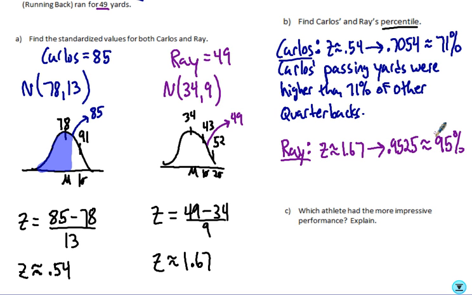So we knew that his z-score was higher, and I was talking about Ray, so we knew that he was further over on that curve, meaning that he was higher than more people. So it turns out that he's higher than 95% of other running backs.